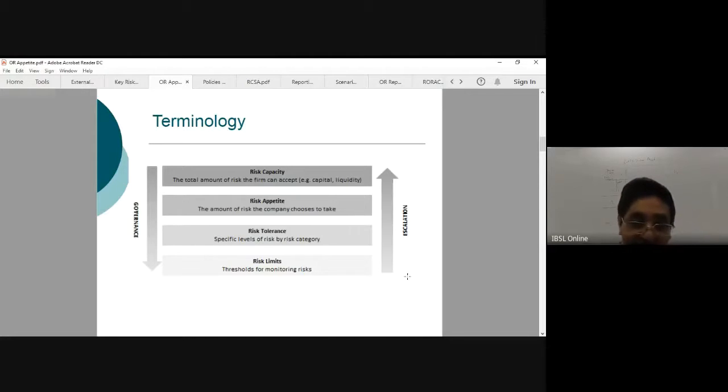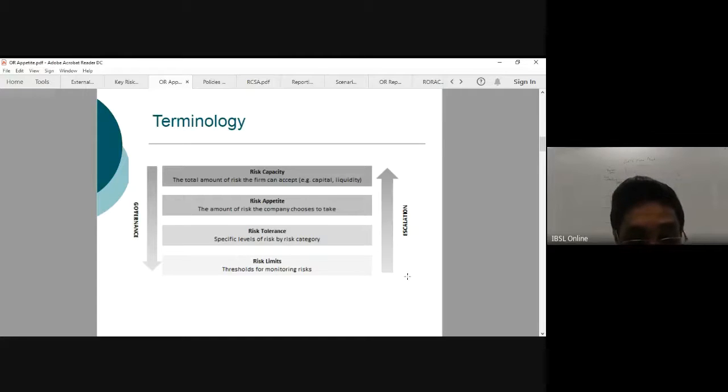Correct. But here the things are a little different, as I told you earlier. For market risk and credit risk, we have the risk appetite and risk bearance. We do it with the intention of earning returns.